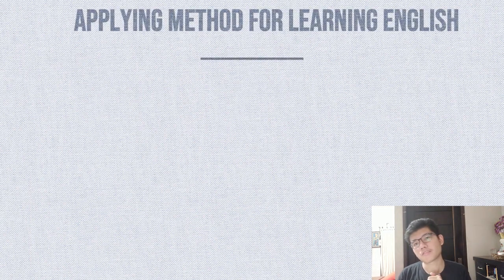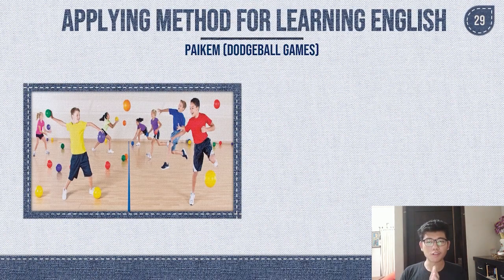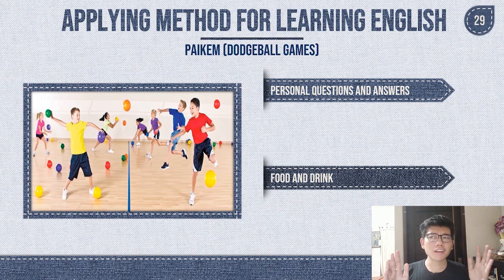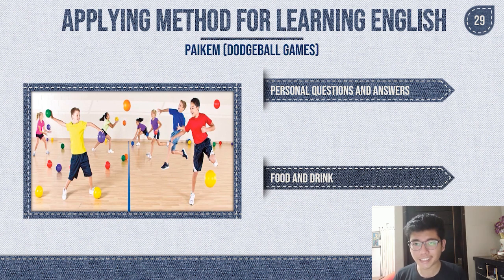Now let's talk about how we apply this method for children learning English. You can apply the PAIKEM method, enjoyable. You can turn the learning process into games that help children learn English. For example, playing dodgeball. You can set the game so there is a question when a person is hit with the ball.